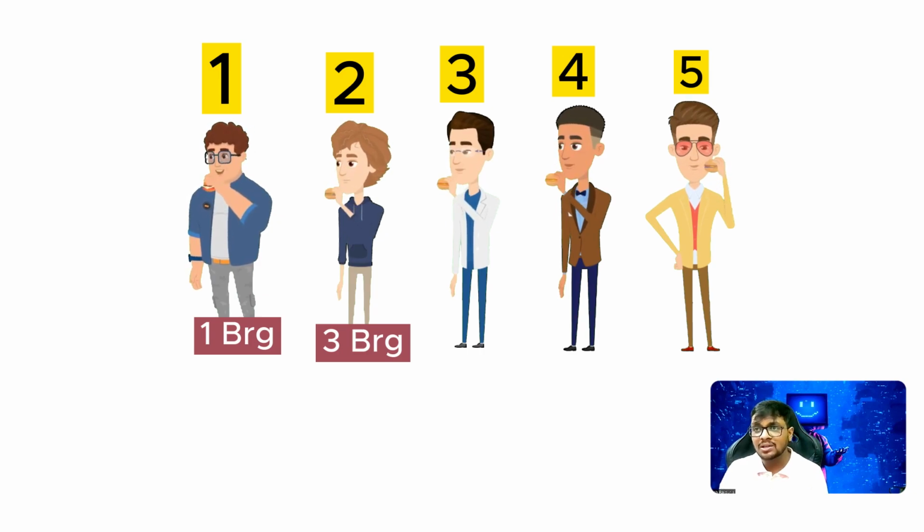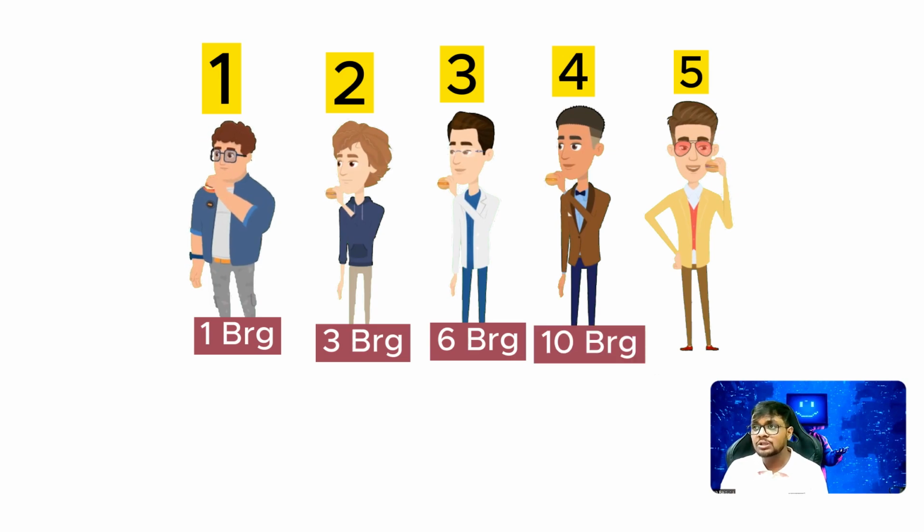This person would get 3 plus his number, that is 3 plus 3, 6 burgers. In the same way, this one would get 6 plus 4, that is 10. And this person would get 10 plus 5, that is 15.